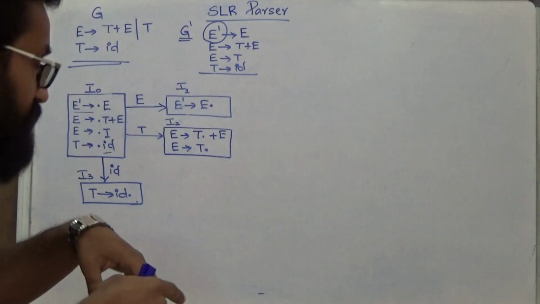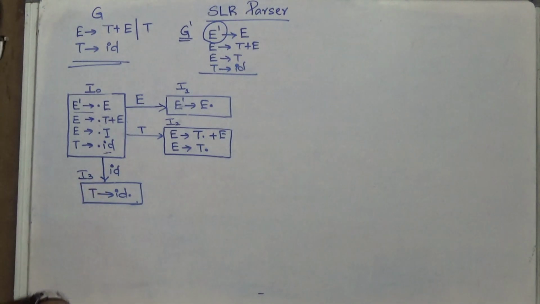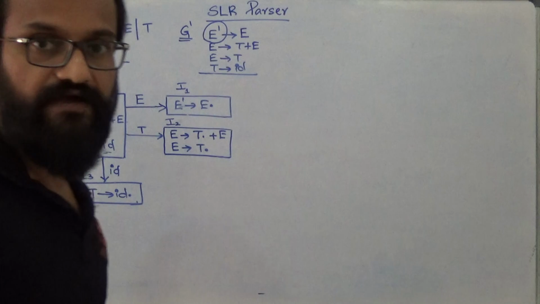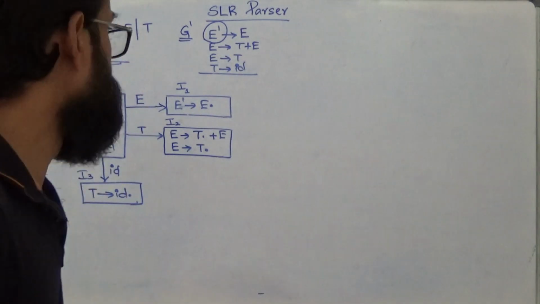Again, you can identify a transition corresponding to ID, because in item set I0 you are having an item whose right hand side contains dot followed by ID.